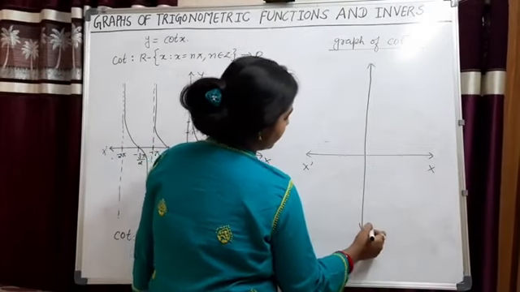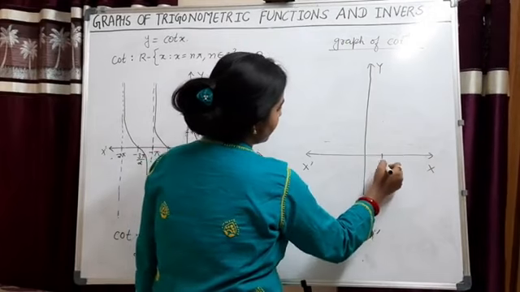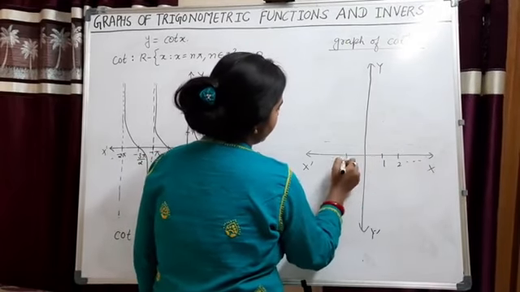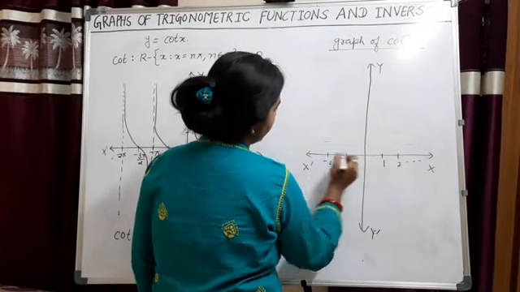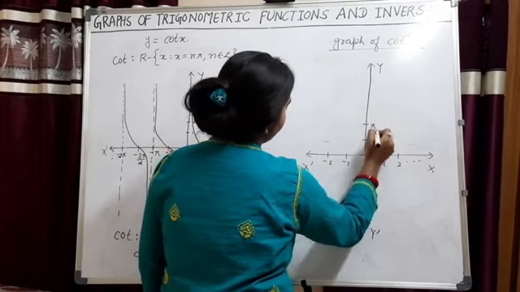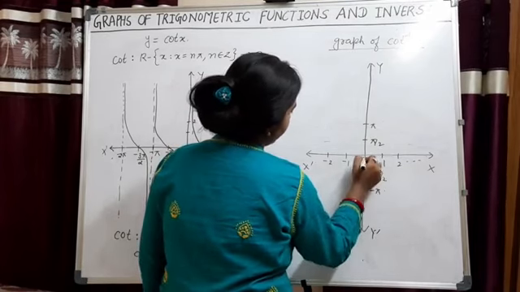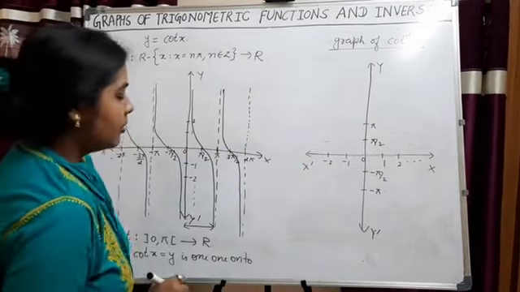X dash, y dash. Here 1, 2 and so on, here minus 1, minus 2 and so on. Here we will take the points pi by 2, pi, till pi only, and minus pi by 2. Now we have to draw the graph.